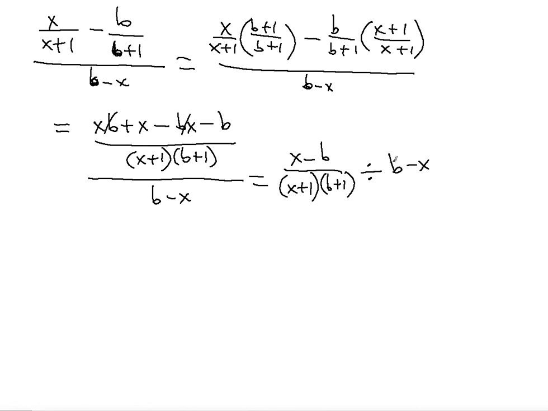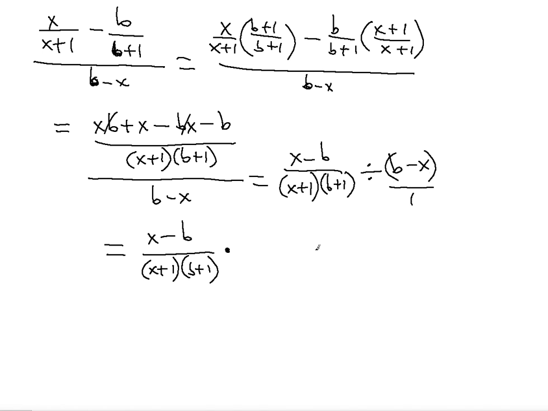We're going to have this division sign expressed like that. And then simply we can use the property of division by flipping the fraction to the right of the division sign. So let's keep x plus 1, b plus 1, multiplied. This b minus x expressed as a fraction would be b minus x over 1, right?